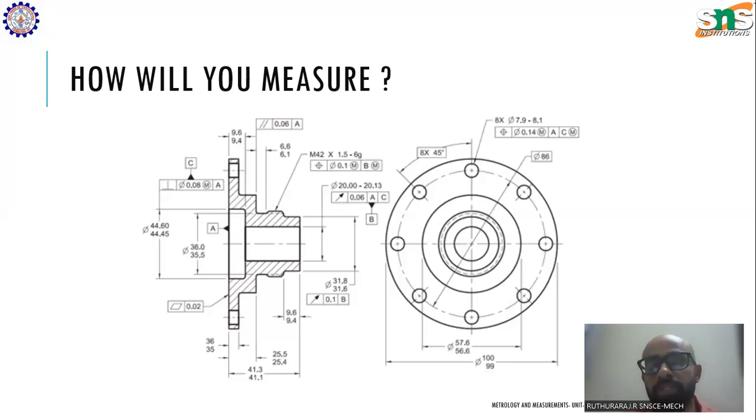Diameter can be measured with the help of a micrometer, a vernier depth gauge, a vernier internal micrometer, or an internal vernier caliper. Similarly, straightness can be measured with the help of a spirit level, as well as a height vernier. Like these, different quantities have to be measured.